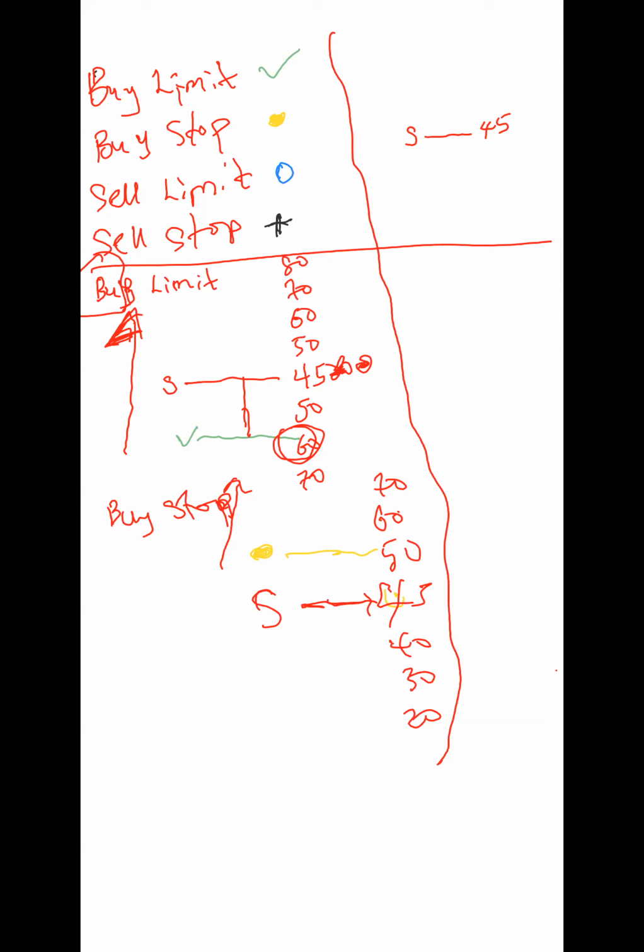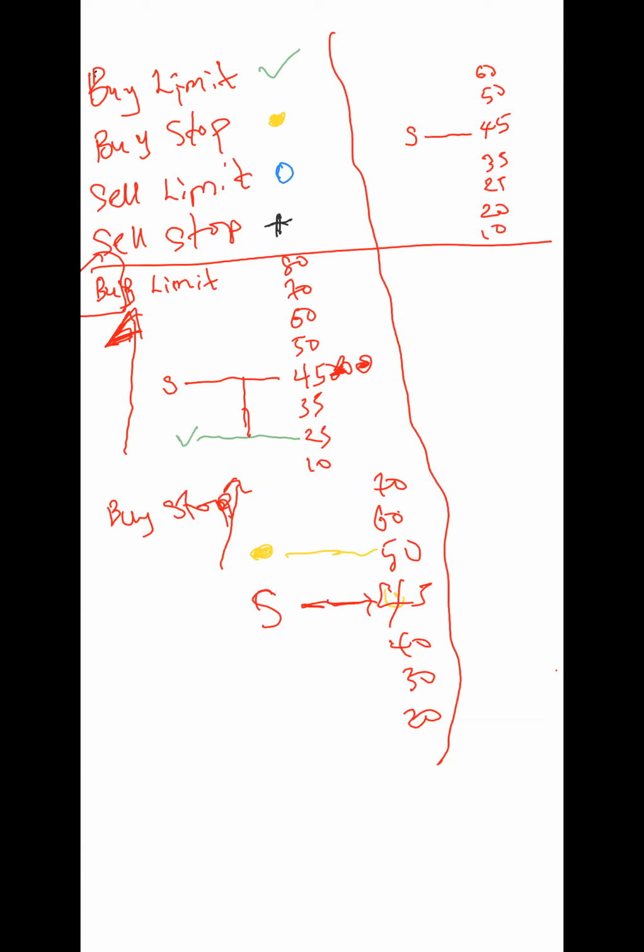The numbers don't matter. What matters is the pips, what we're calculating in profit. Then let's say this is 35, 25, 20 and 10, just anything you want to put there. So let's say this is 45, this is 50, this is 60, and this is 35, 25, 20 and 10.